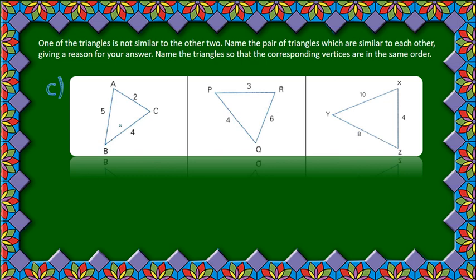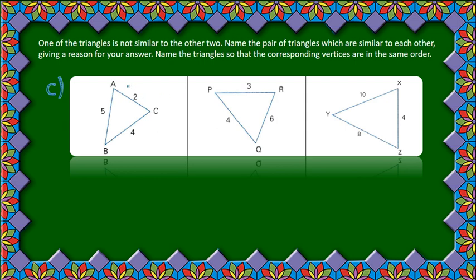C. Now here we're given sides, so we're going to work with proportional sides. We need to find sides that are in proportion. Looking at 2, 4, and 5 from smallest to largest, let's look at this triangle from smallest to largest. We've got 3, 4, and 6.